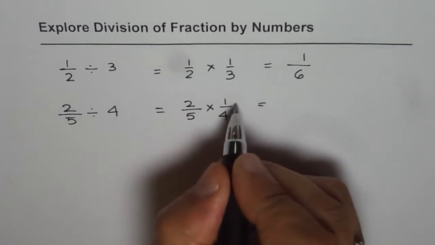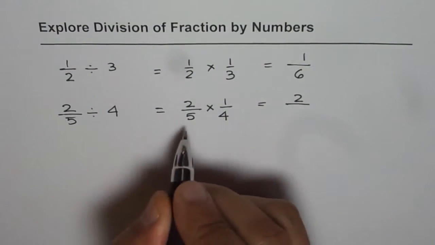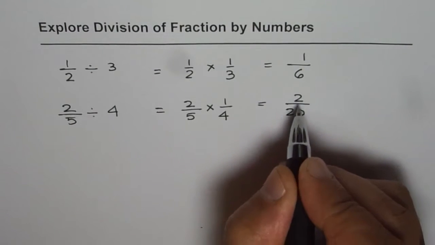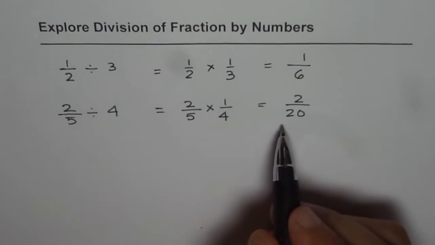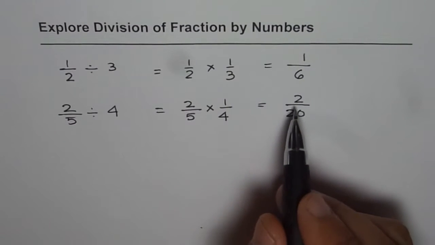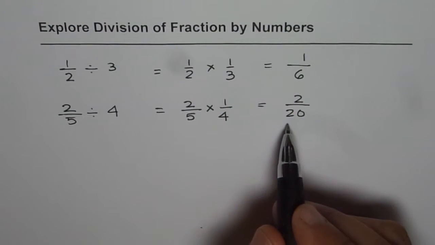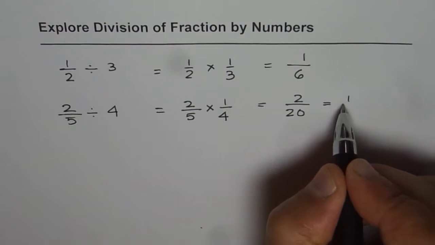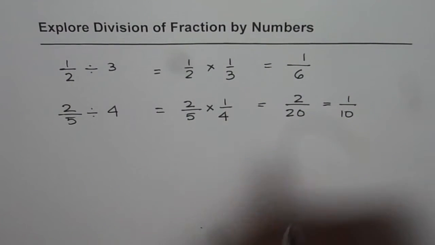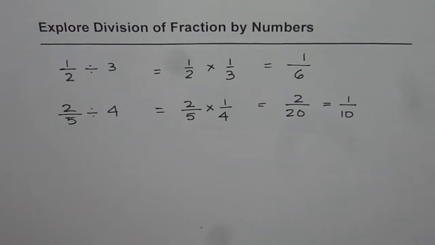Let's multiply the numerators, which is 2, the denominators, which is 20. We get 2 over 20. Now this fraction can be written in a simpler form. We can divide both numerator and denominator by 2. So this is equivalent to 1 over 10. So that is the answer we get.